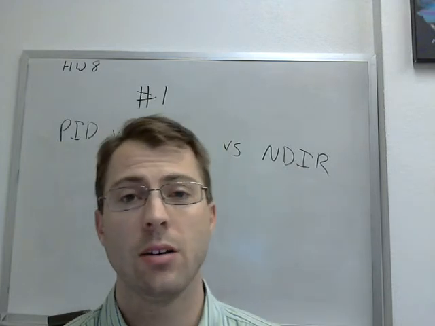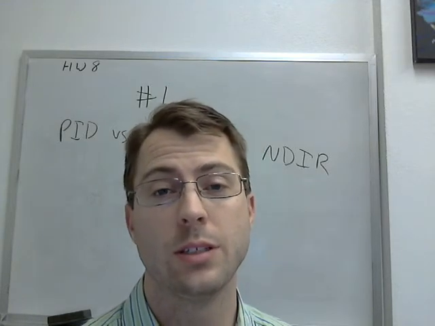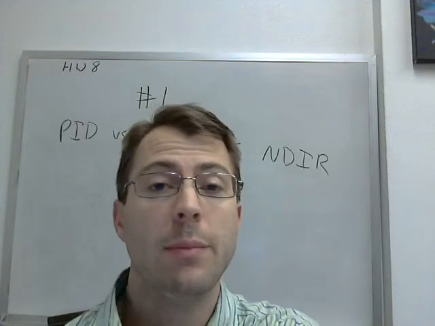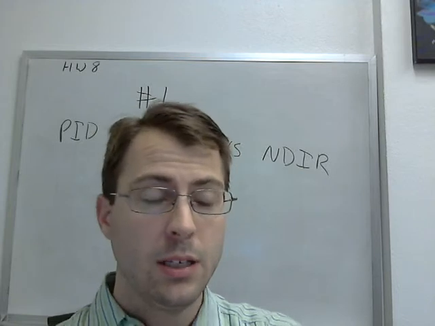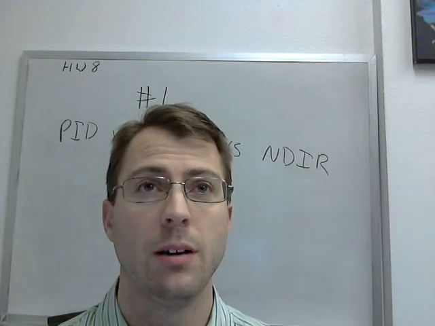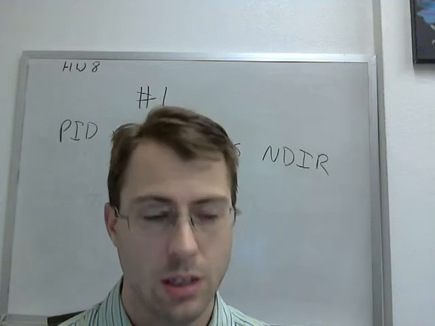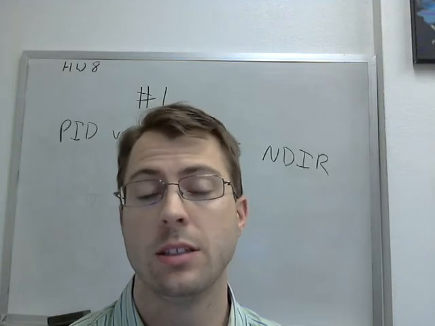NDIR is also suitable for really high concentration measurements. So if you were tasked to find a methane leak, you could use an NDIR that might be set up for methane, for carbon-hydrogen stretch, and you could detect that way. Maybe it's set up as a lower explosive limit sensor.